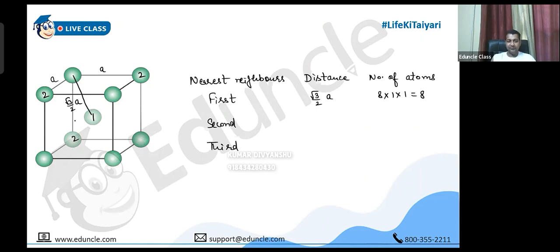Now what about the second one? So there are 3 of them. Of course, distance is A. 3 of them, and each one is having contribution 1 by 4. What about the third one? Of course, at the face diagonals, root 2 A. And again, there are 3 of them, and the distance is root 2 A. So 8, 3, and their contribution is half. So 12 of them.